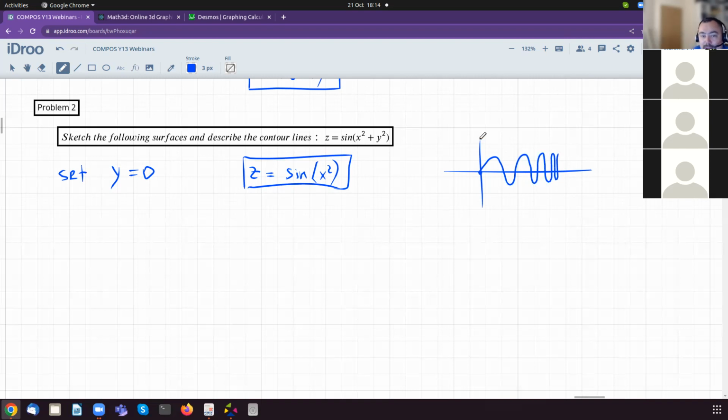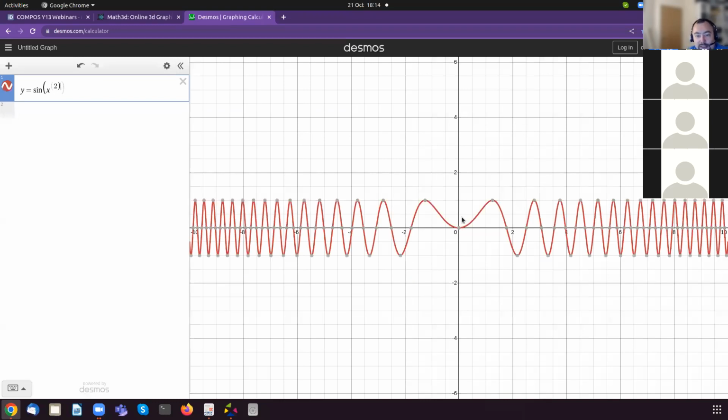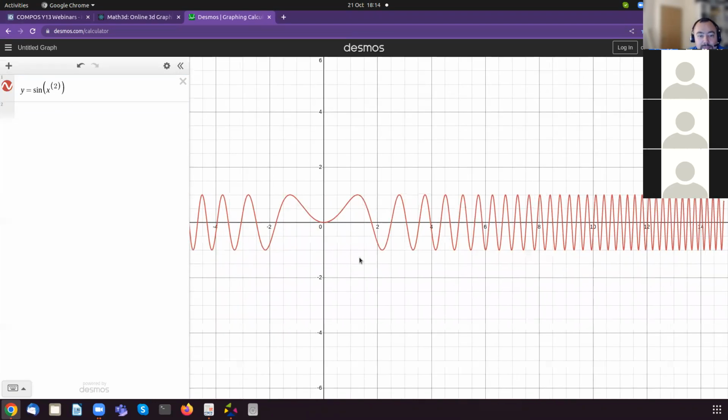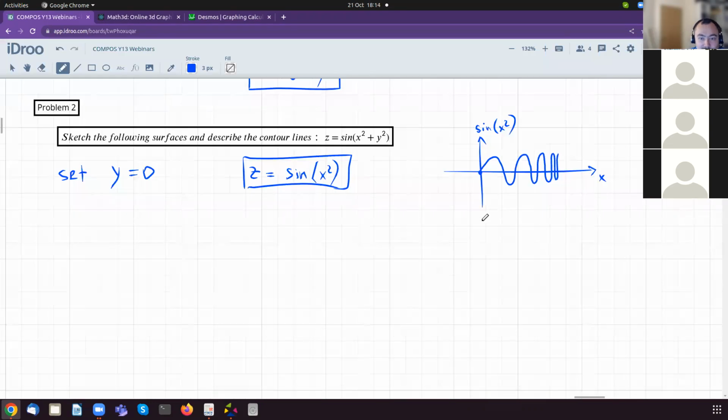Okay, this is sine x squared, and this is x. And let's confirm that. Y is equal to sine x squared. And here it is. Actually, the middle bit goes like x squared, so I wasn't entirely correct.